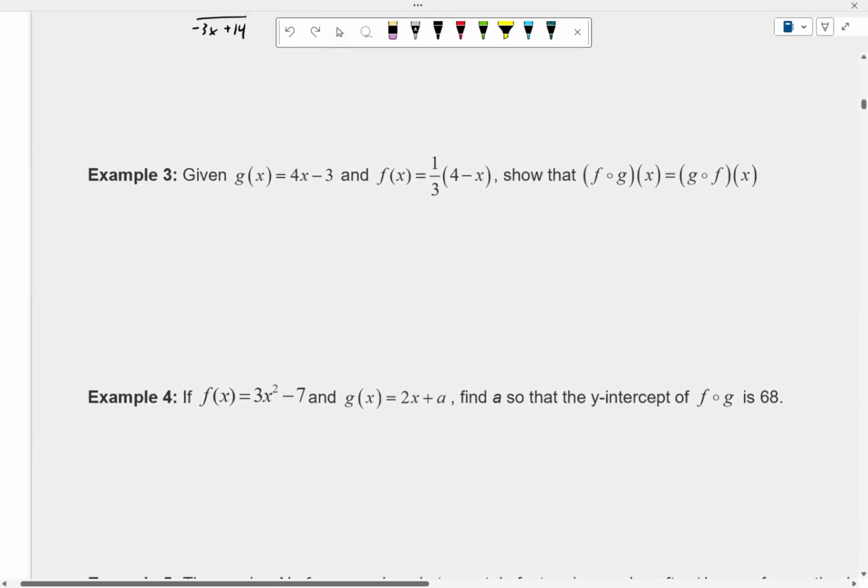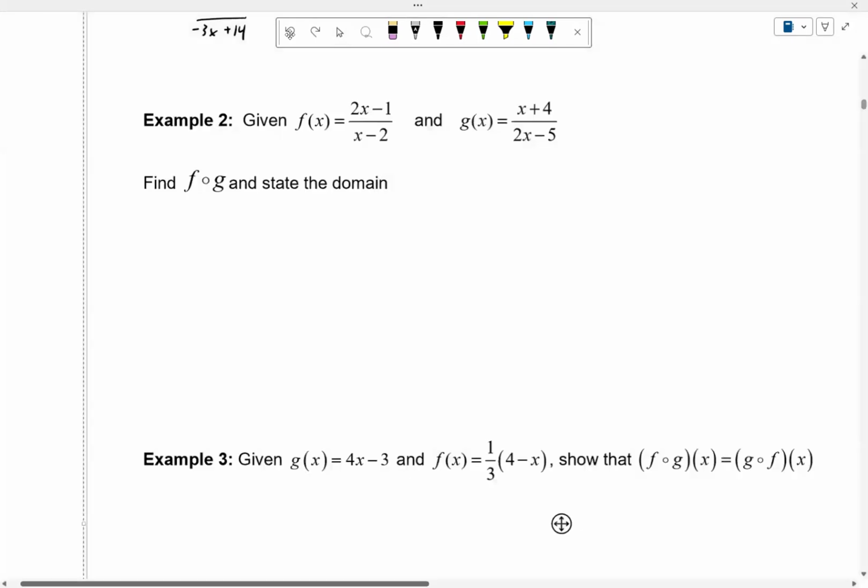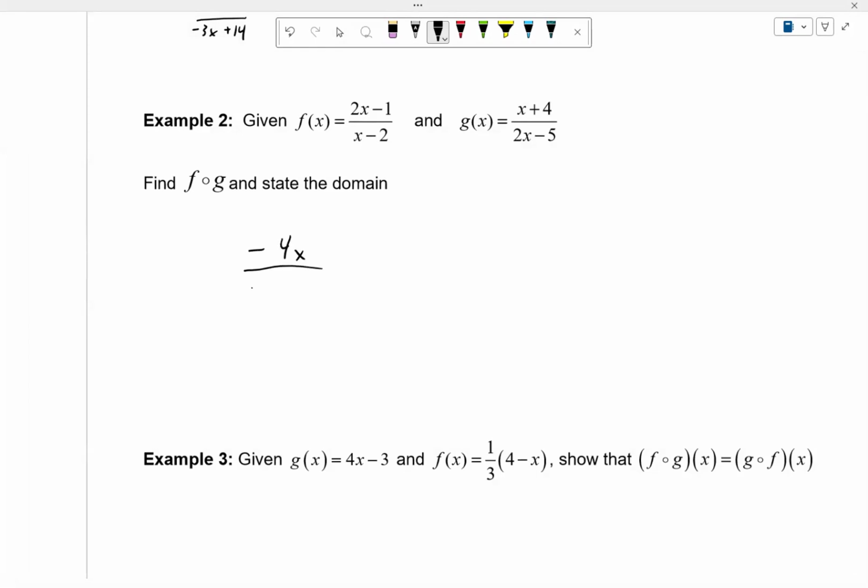This one, show that these are equal. Do you get that these are equal? Thumbs up if you got that they're equal. All right, and what do they both equal, Kimmy? Negative 4x over 3, and negative 4x plus 3 over 3, plus 7 thirds.